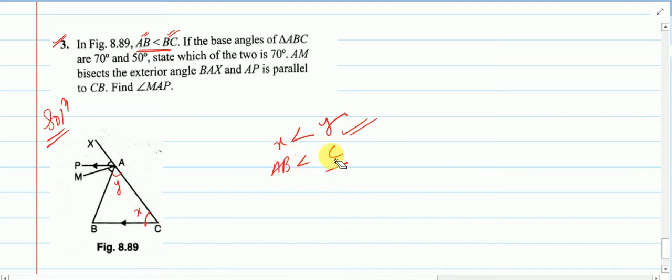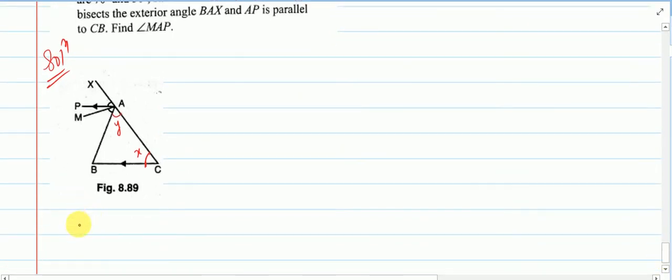Instead of writing this, we can write here: given AB is less than BC, therefore this angle opposite to AB, angle BCA, will be less than the angle opposite to BC, that is BAC.